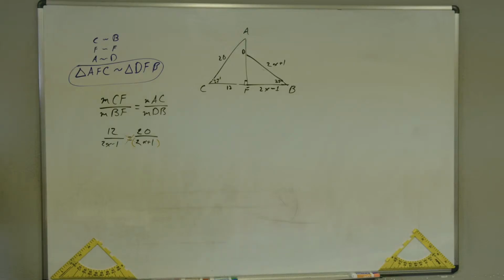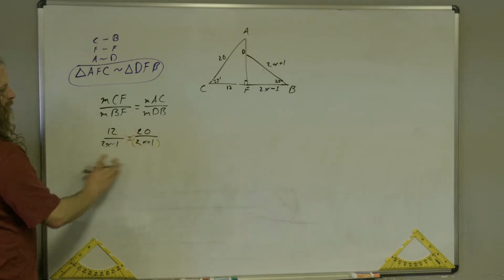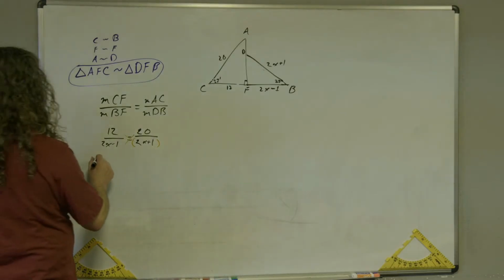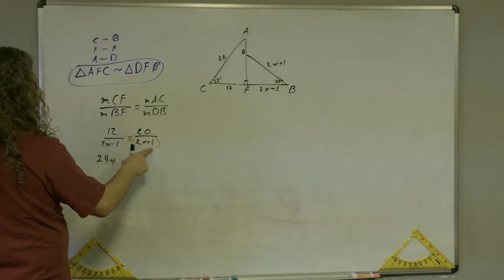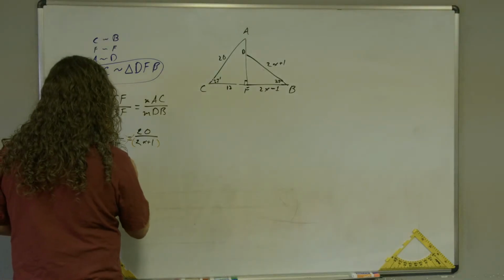I'm going ahead and distributing it, which you're correct. You were 110% correct, but because we're writing it down with good colors and all the things, we can remember what's happening. So what's 12 times 2x? It's 24x. And then 12 times 1 is what? 12, yes.